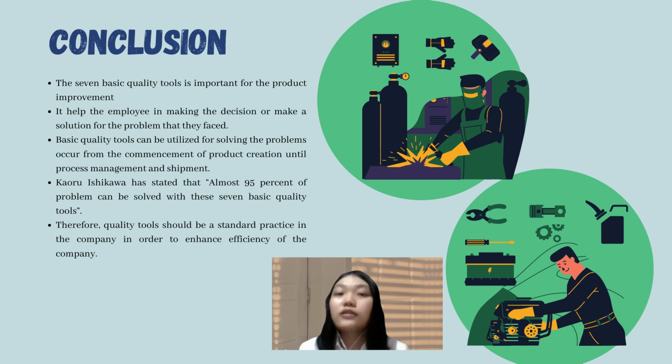Additionally, Kaoru Ishikawa has also stated that almost 95% of problems can be solved with these 7 basic quality tools. Therefore, these 7 basic quality tools should be a standard practice in the company in order to enhance the efficiency of the company.